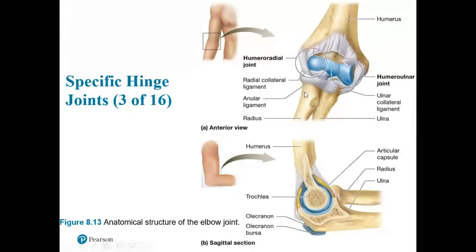The next one is the annular ligament. Notice how this ligament circumducts essentially. It wraps around the bones between the ulna and the radius, stabilizing the two. And the last one, the ulnar collateral ligament, joining the ulna to the humerus.